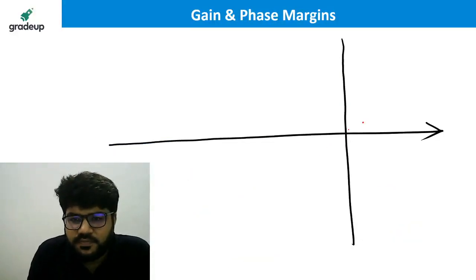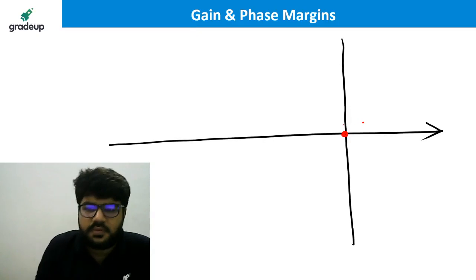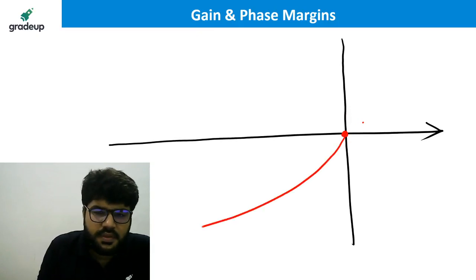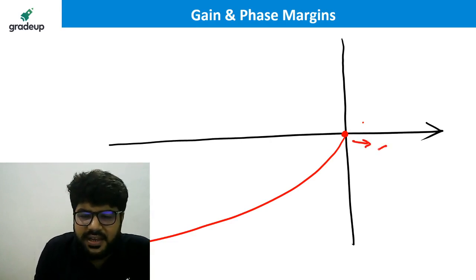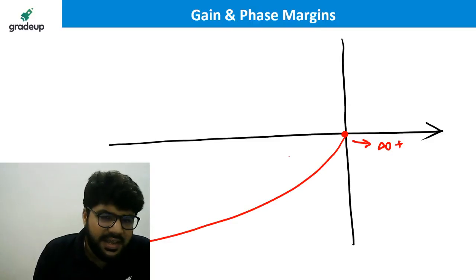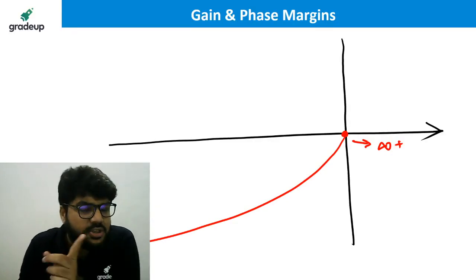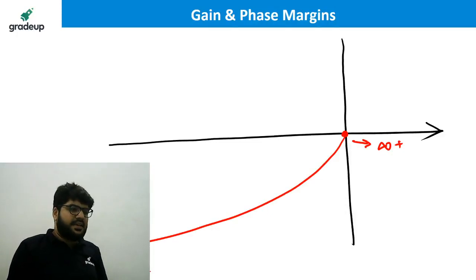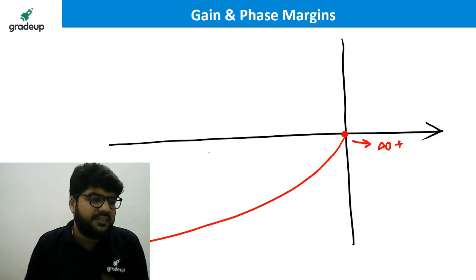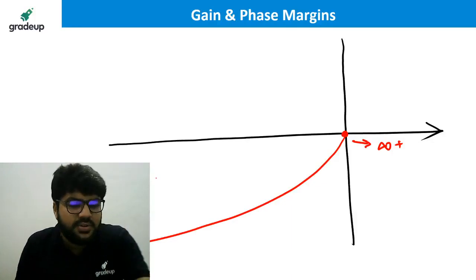Okay. This is how the polar plot will come. Okay, this will be 0 plus. Okay, this is the ending angle, infinity plus. So you see that guys, at 0 plus the phase is minus 180, but are you actually touching the negative x-axis? No. You are going parallel to the negative x-axis.